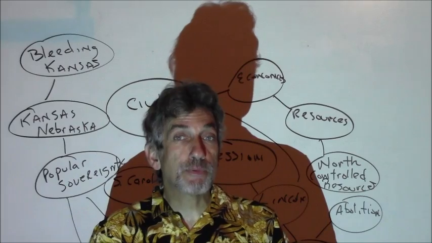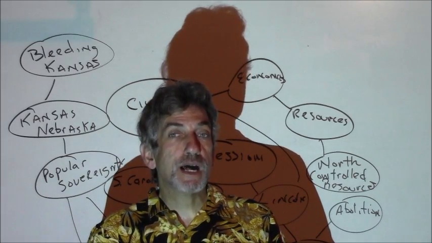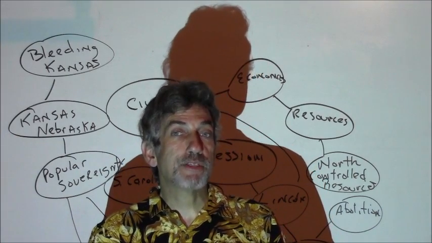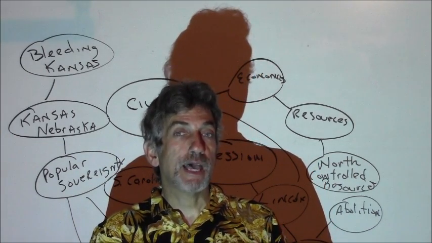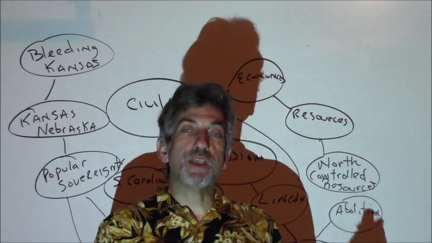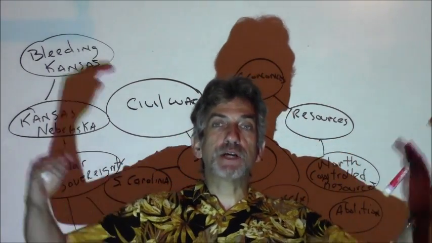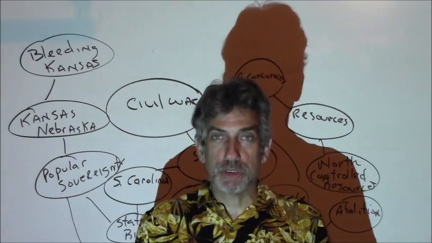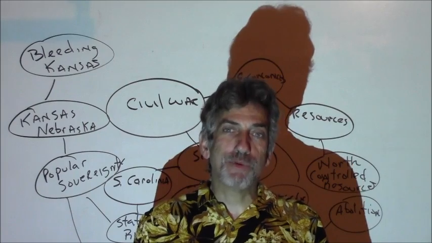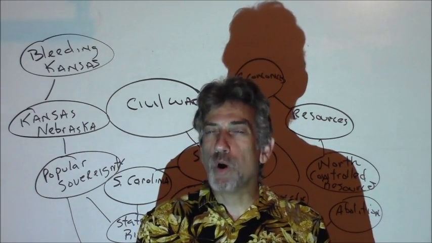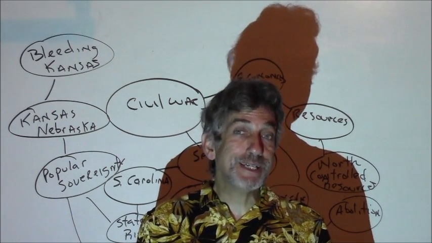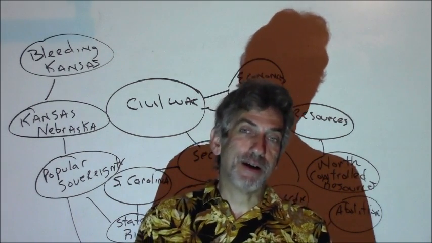The 3/5 Compromise was put in the Constitution because the South wanted to count slaves, which meant the South was going to increase the number of slaves as much as they possibly could to get control in the United States government. This web, if you do this right, can take up an entire wall. It can be huge. But what you do is you get an idea of what really caused the Civil War, and from it you can write this wonderful essay. Now you can research each one of these things as well once you do the web to get more details, and this thing goes on and on and on.